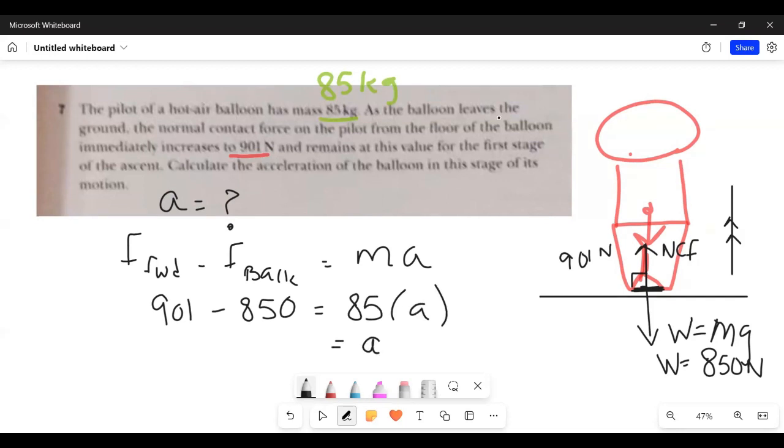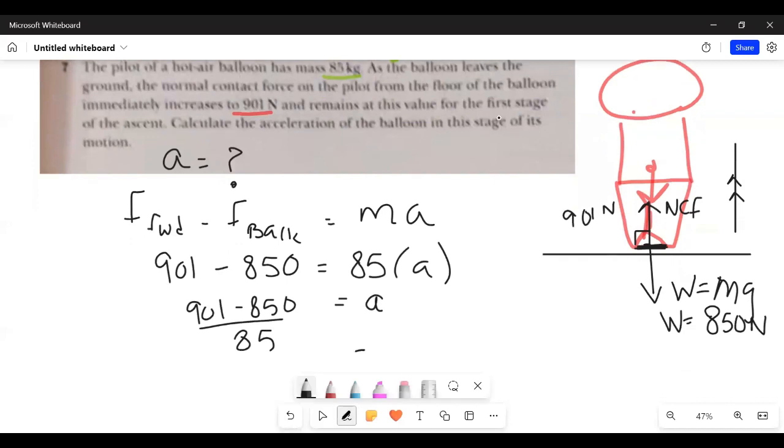To find a, you subtract and divide. So it should be 901 minus 850, divided by 85, which is 0.6.